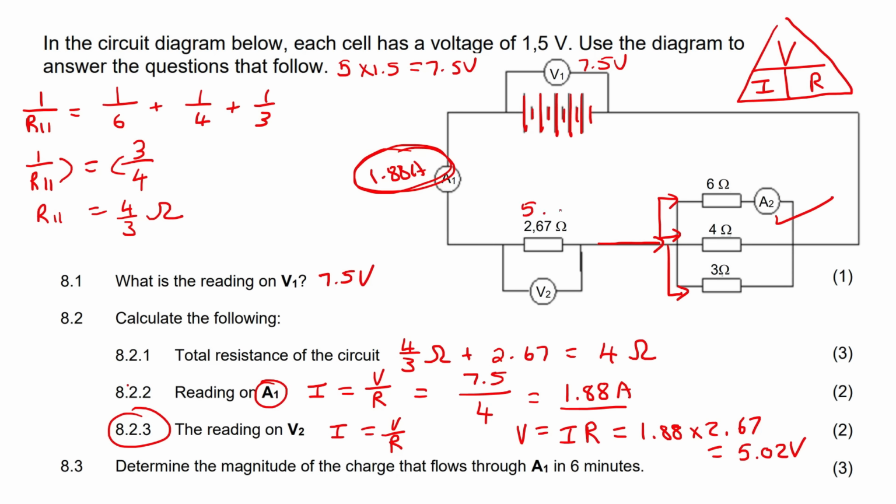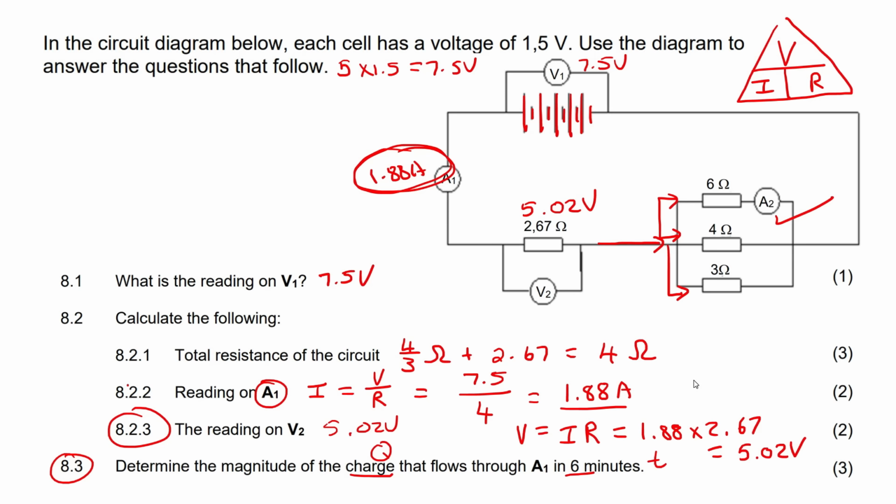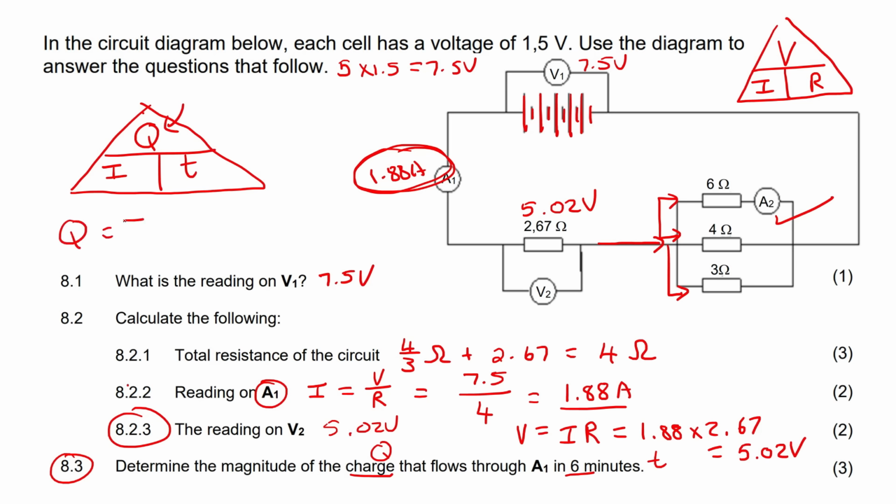Then this one says, determine the magnitude of the charge, now charge is Q, that flows through A1 in 6 minutes. They've got time and charge, so we should remember the IQT formula or triangle. If we're looking for charge, then charge is equal to current multiplied by time.